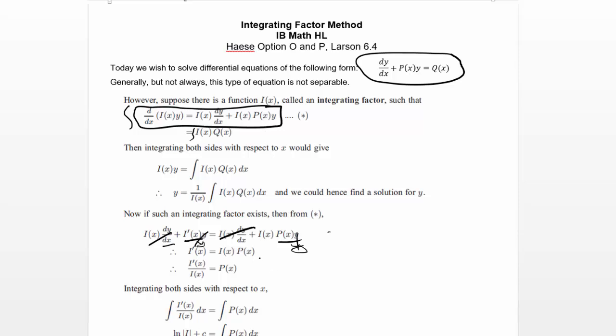So rearranging, I divide both sides by I, and we have I prime over I is equal to p(x). If I integrate both sides, well, you could think of this as a u substitution. If you say u is I of x, then du is just the derivative of I.